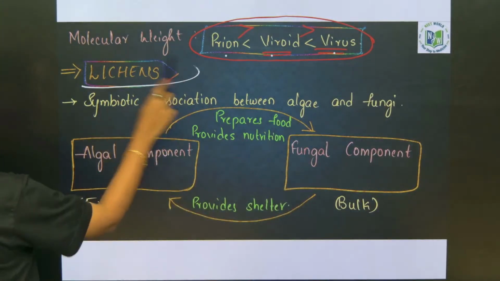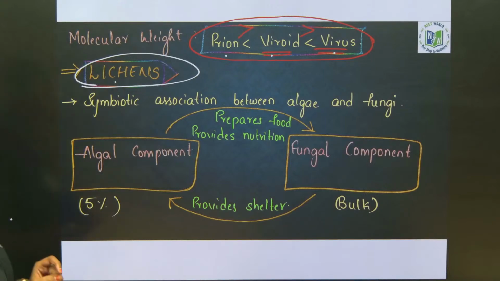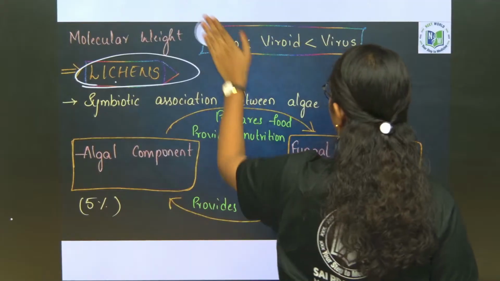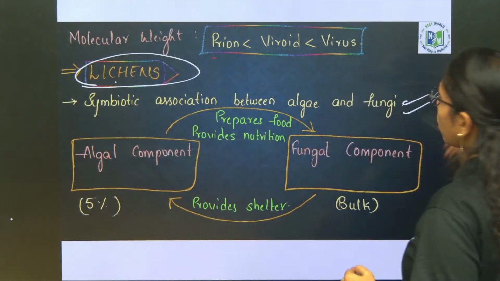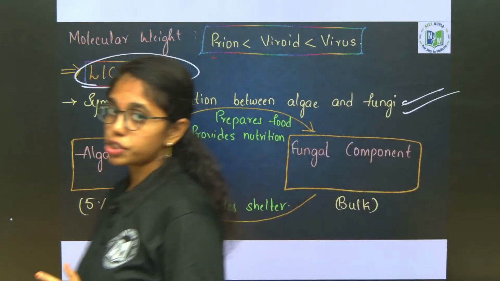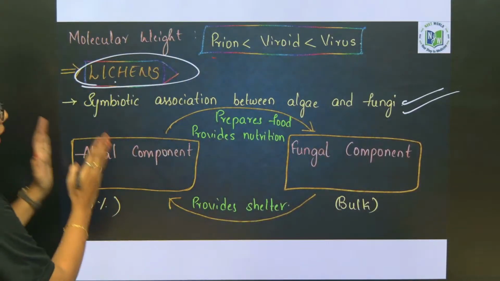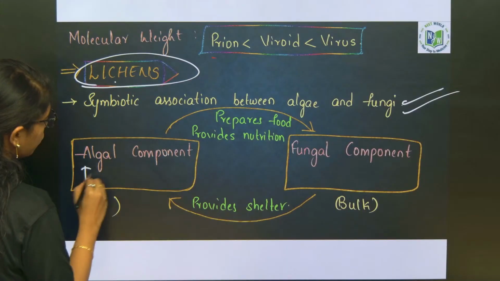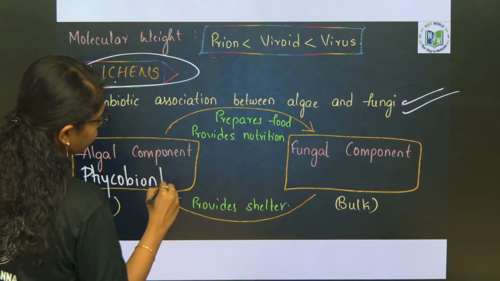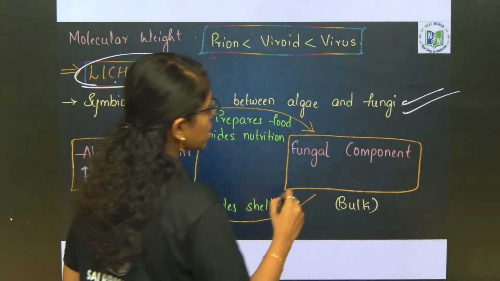Okay, lichens. Lichens are nothing but the symbiotic association between algae and fungi. These are the pioneers of plant succession. In them algal component is called as phycobiont, fungal component is called as mycobiont.